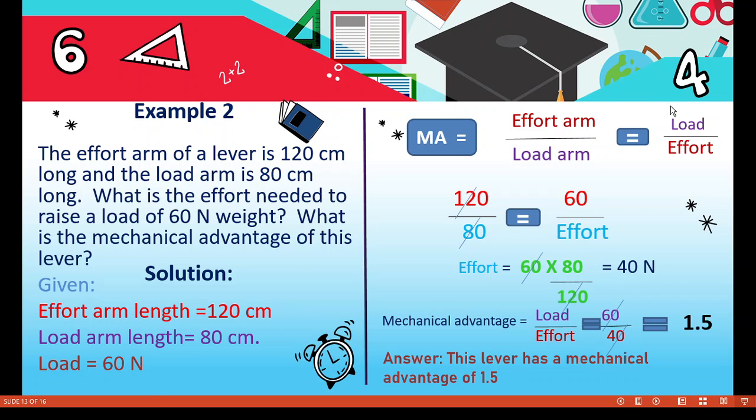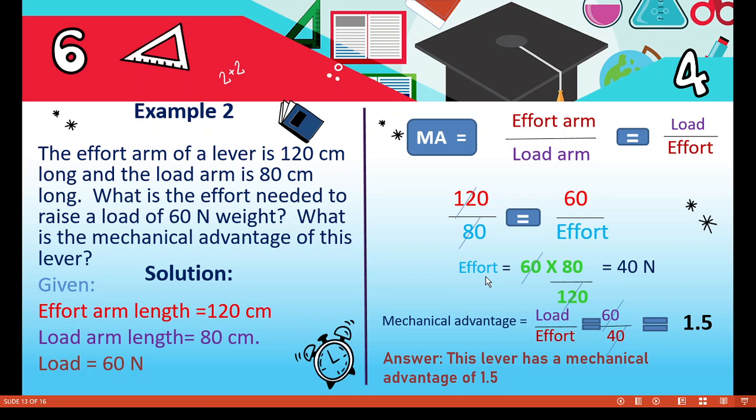The load 60 is also given in the problem, so you have to find the value of effort. Very first and foremost thing is you have to derive the given data from the example. That's very important. So in this formula we have substituted the given data in the problem.